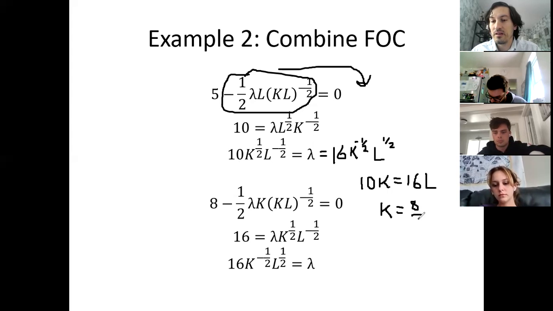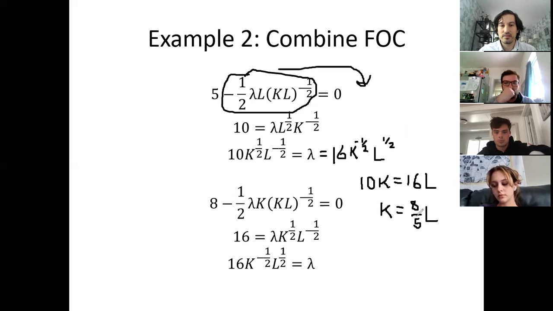K equals 8 over 5L. You might say to yourself, hey, that's exactly the ratio of the input costs. Yeah, it is. Will that always be the case? Well, it depends on your production function, but yes, if your production function looks like this, then this will always be the case. It'll just be R over W, or is it W over R?